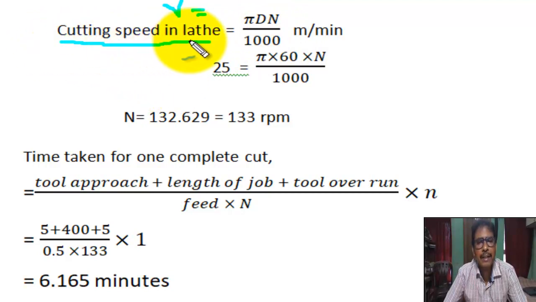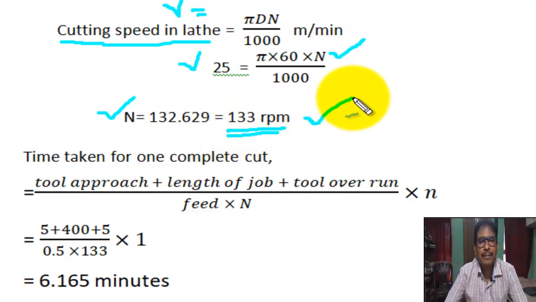Here cutting speed is given as 25 meter per minute, pi, diameter given 60 millimeter, and capital N RPM we find from this problem. N equal to 132.629, approximately 133 RPM.